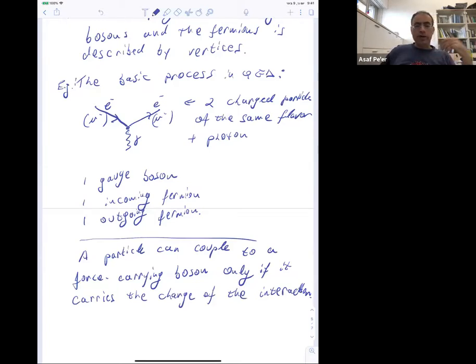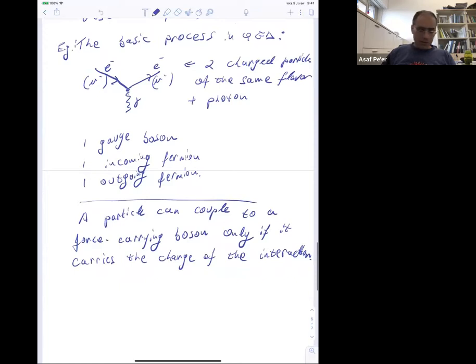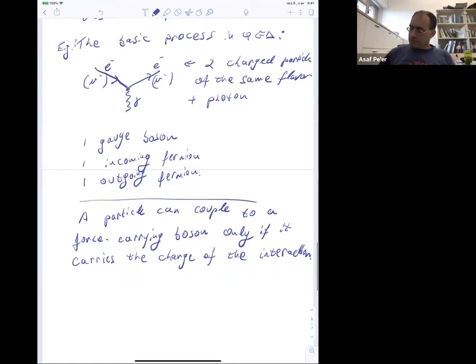So only quarks carry the QCD color charge. So only quarks can couple to the strong interaction, right? Now, all 12 fundamental fermions carry the weak interaction charge, so they can all participate in the weak interaction. That's obvious. All 12 fermions participate in the weak interaction.